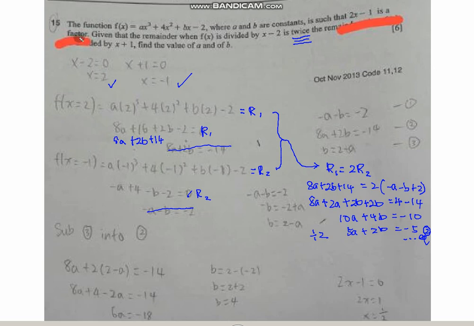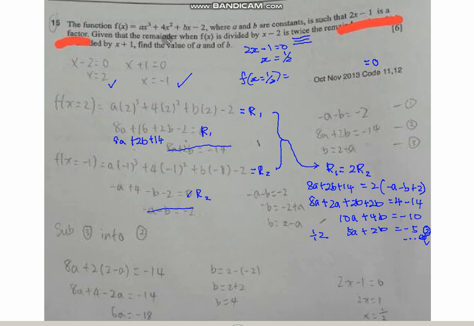If it is a factor, that means when you substitute 2x minus 1 equal to 0, x becomes half. Therefore x equal to half. When you substitute x equal to half, you must get 0. Why? Because it's a factor. So equal to 0.